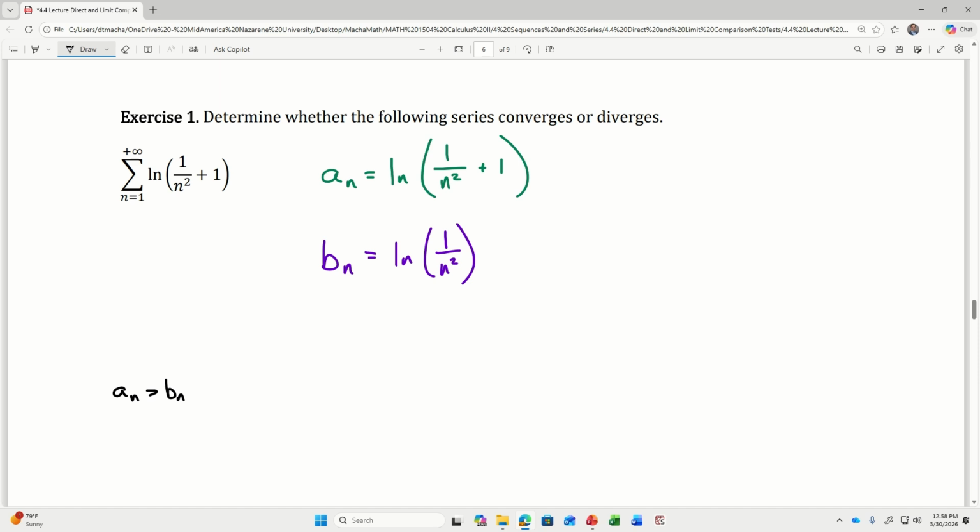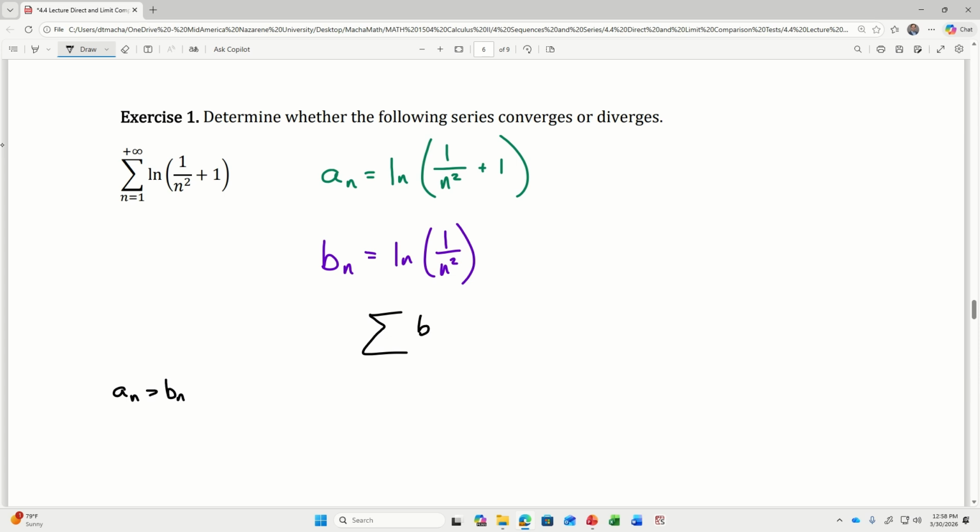And so I'm only going to be able to get something useful out of this comparison if bn converges or diverges? Diverges, right? So if an is greater than bn, I'm looking for bn to be something that diverges. And so I wonder what we can do here.